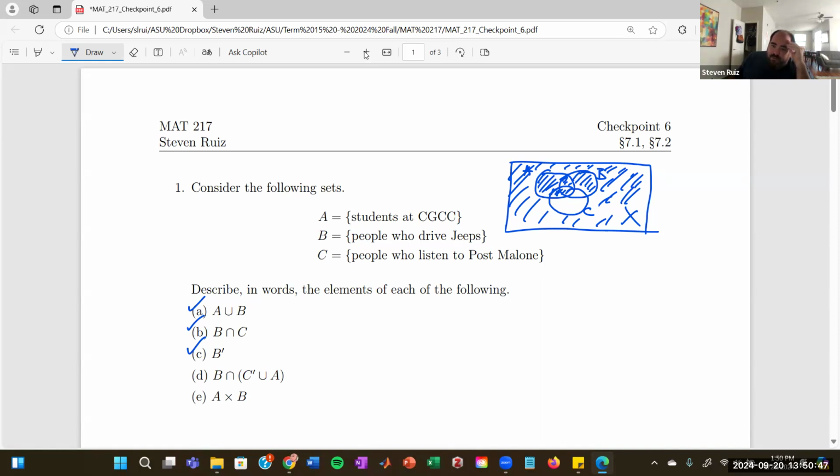Or anybody in the world who doesn't listen to Post Malone. I think that's a lot of connecting statements, but I think that describes everyone.